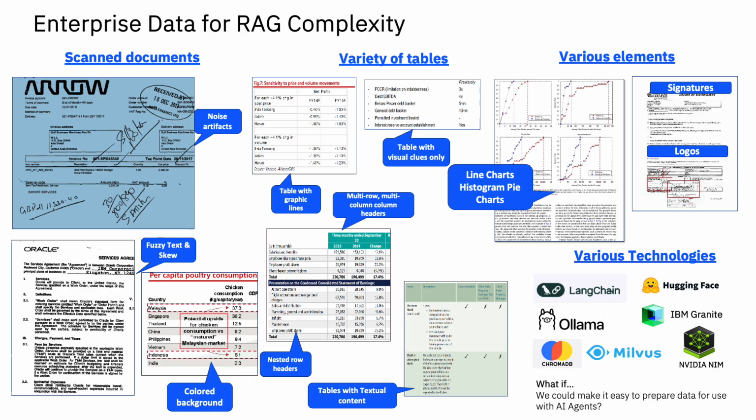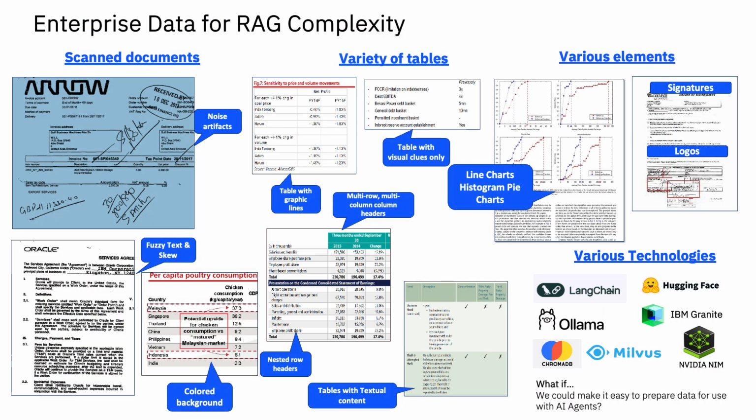Another part of this is if you look at unstructured data, it's really, really messy. For example, you can have scanned documents, and there's quite a variety of them. People can write annotations by hand on top of that. There are multiple types of tables embedded in unstructured documents, also types of charts and graphics.